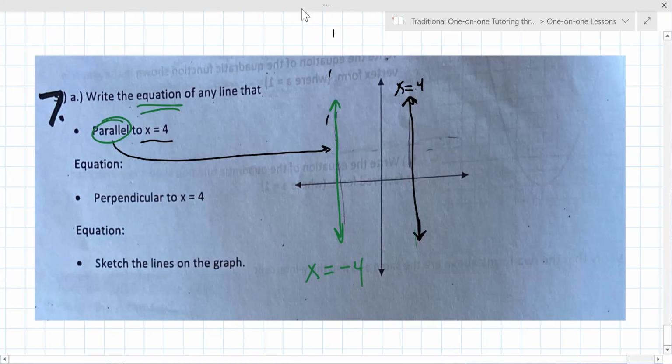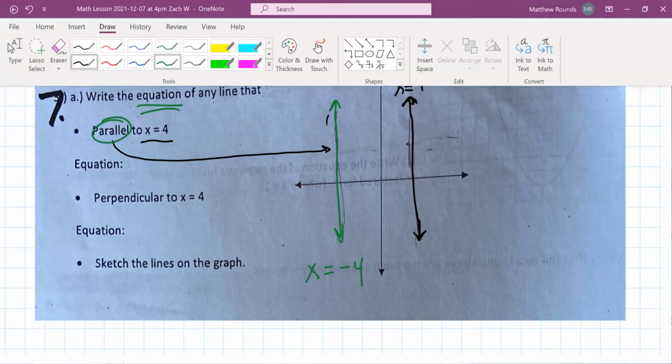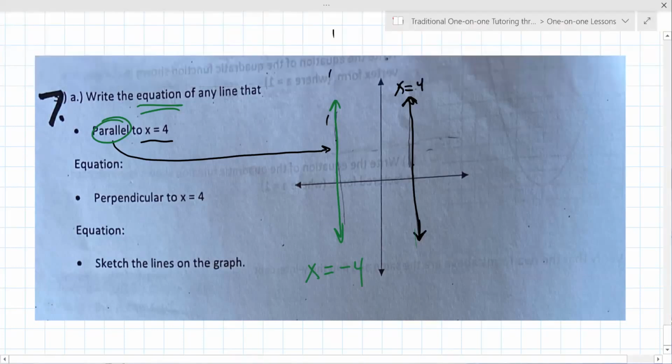Okay, so let me try to help out here. I'm going to label a couple of points on this graph on the right here. This is 4,1. This is 4,6, and down here is 4,-3. What is the same about these 3 points? They are all going down by 5, it looks like.